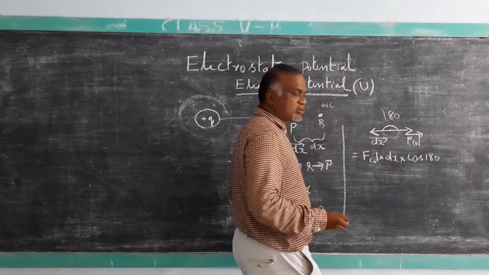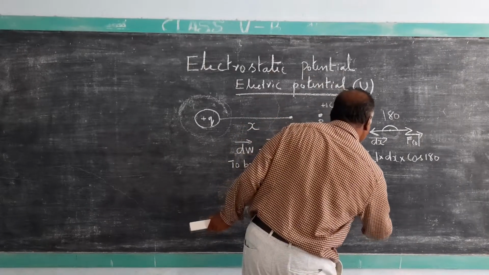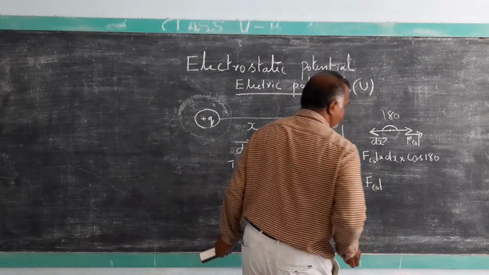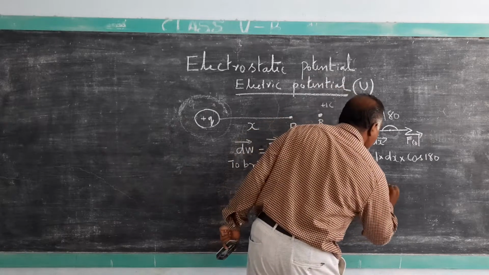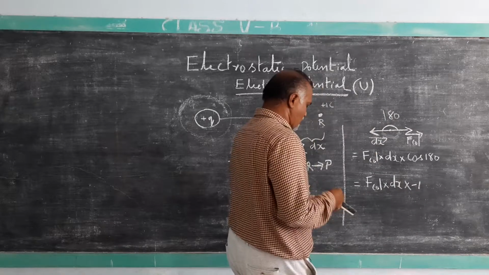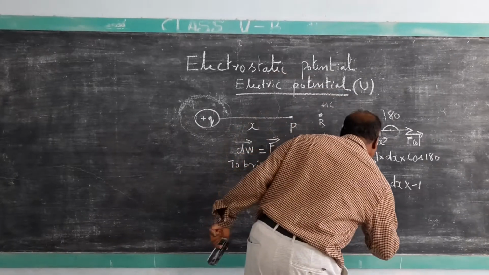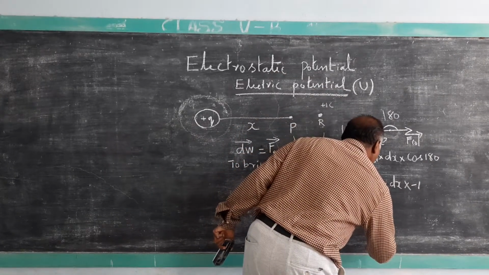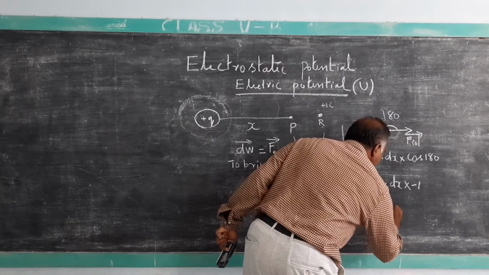The cos 180 is minus 1. So F Coulomb into dx into minus 1 is equal to minus F Coulomb into dx.